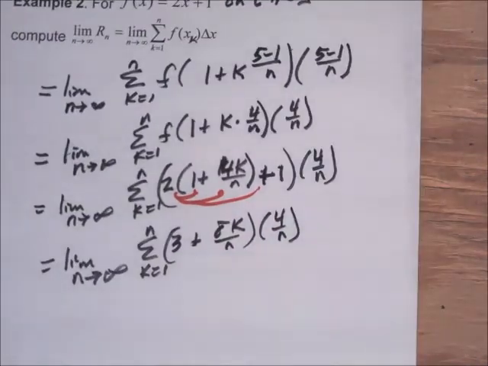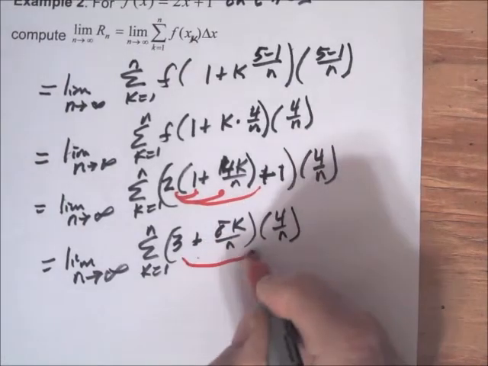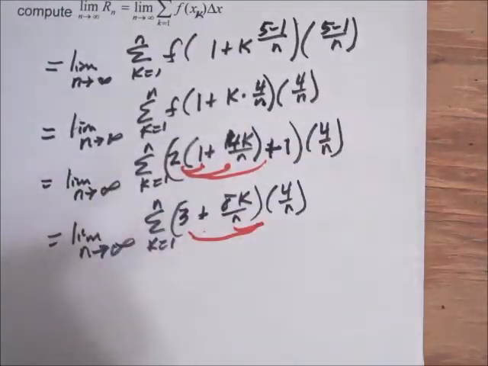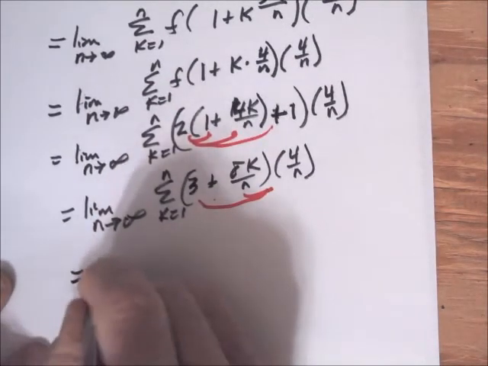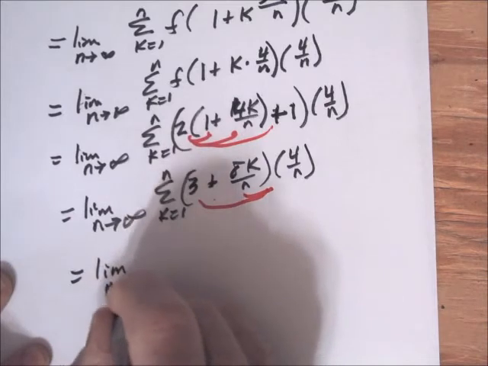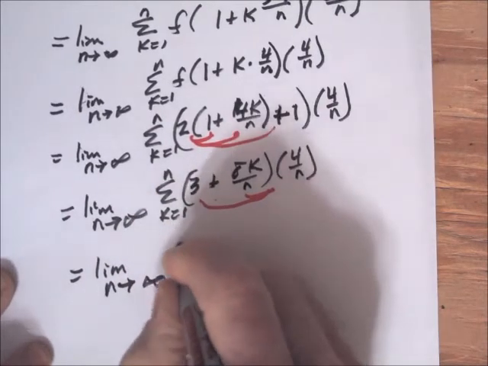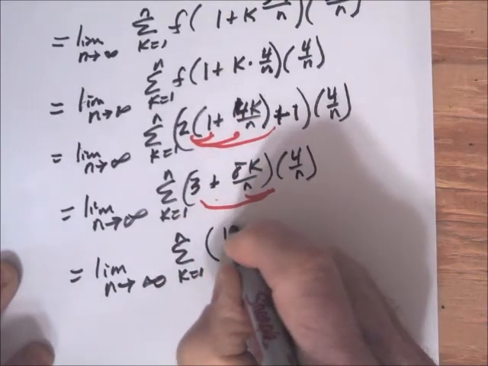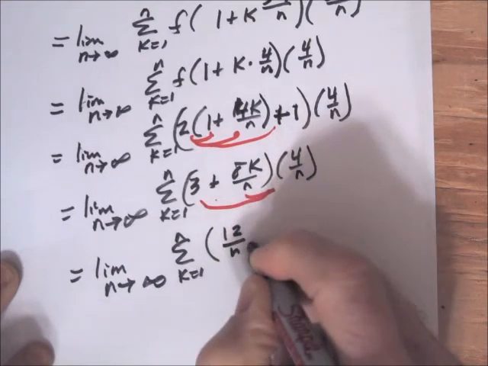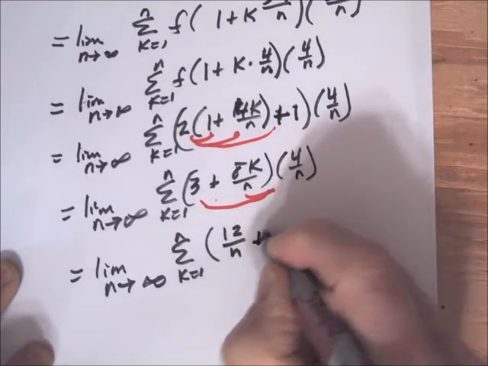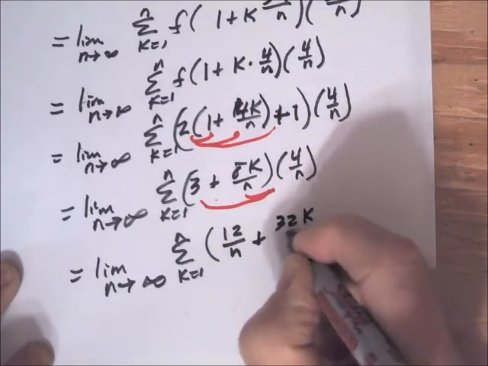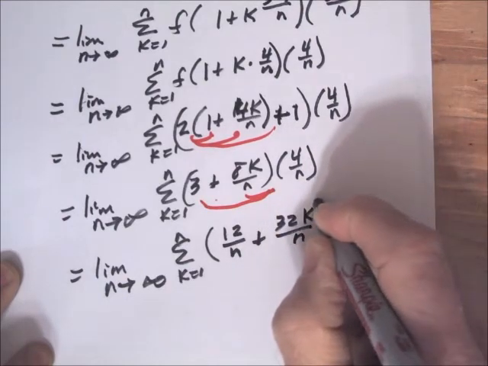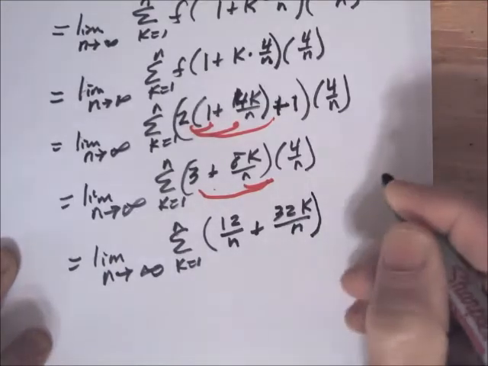Then we can also distribute the 4 over n. So this will be the limit as n goes to infinity of summation k equals 1 to n of 12 over n plus 32k over n squared.